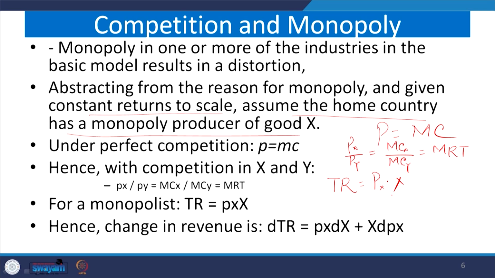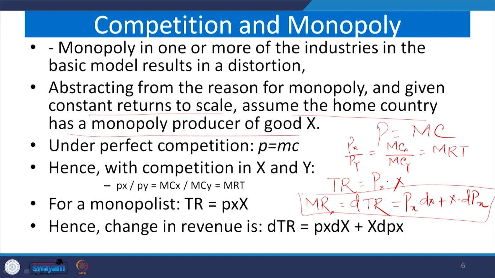Now, what is the marginal revenue of x? It is d of TR, which is equal to Px into dx plus x into dPx. This is what is called marginal revenue.